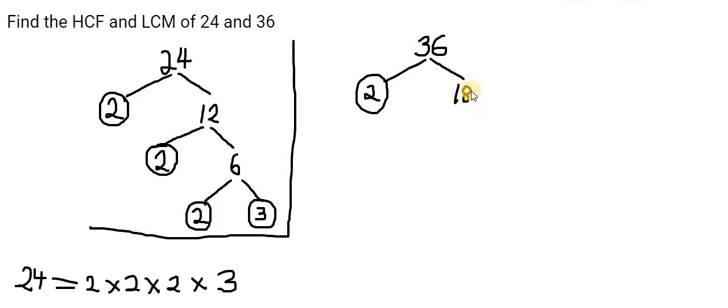So 18 is an even number, so 2 is a factor. The number that goes with 2 to make 18 is 9. 2 is a prime number, so we circle that. 9 is not, so a factor of 9 is 3.